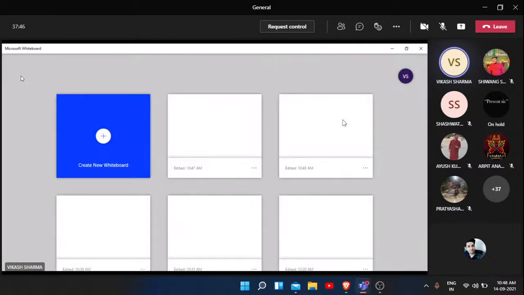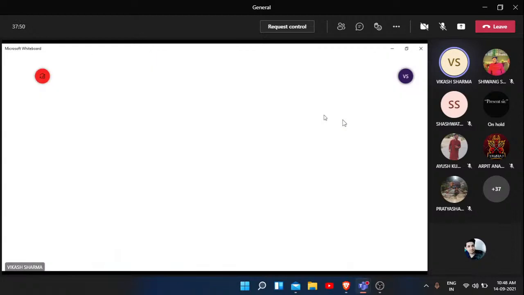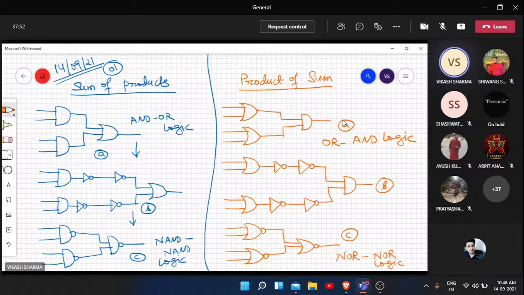I'm showing all the slides one by one. We started from here. Here I have given the basic hint how an AND OR logic can be converted to NAND logic and an OR AND logic can be converted to NOR logic. This I have explained here.